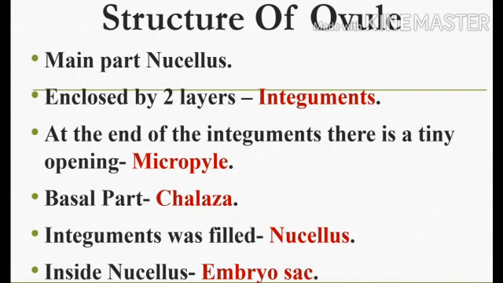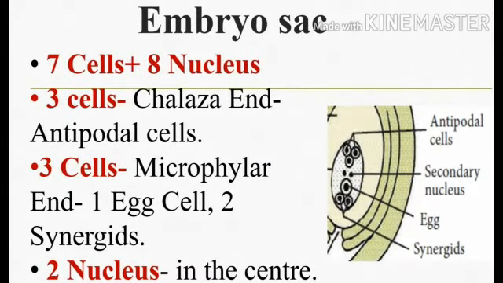Then inside this nucellus the embryo sac will be present, which contains 7 cells and 8 nuclei. Of the 7 cells, 3 cells are present near the chalazal end, that is the antipodal cells, and 3 cells are present near the micropylar end, and they will form the egg apparatus.